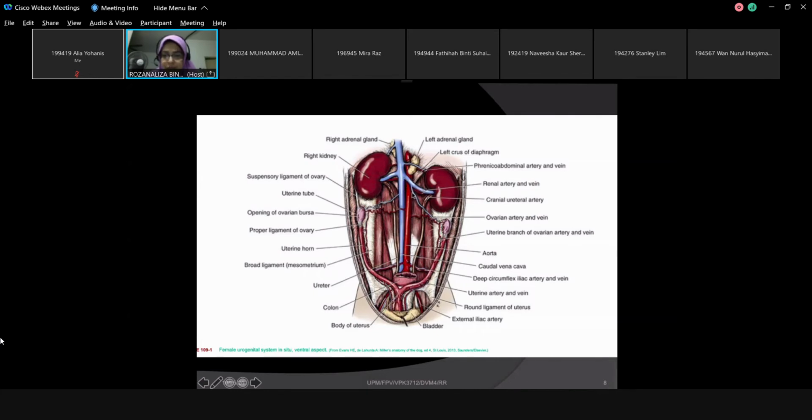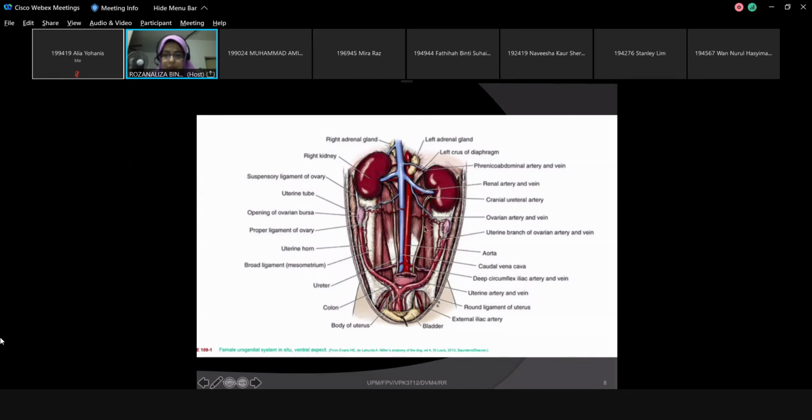Can you see here? When I ask you to draw, this is very important for you to take note. Compared to the right, it branches out from your abdominal artery and vein. So please take note of this.